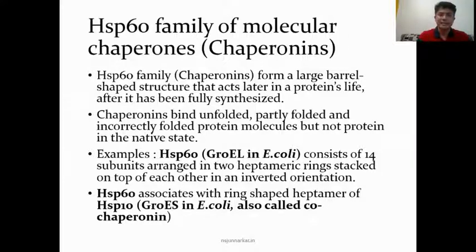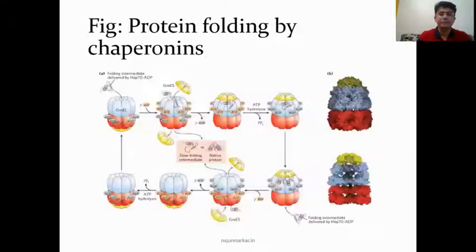Examples include HSP60, also called GroEL in E. coli, which consists of 14 subunits arranged in two heptameric rings stacked on top of each other in an inverted orientation. HSP60 associates with a ring-shaped heptamer of HSP10, which is called GroES in E. coli, also called co-chaperonin.